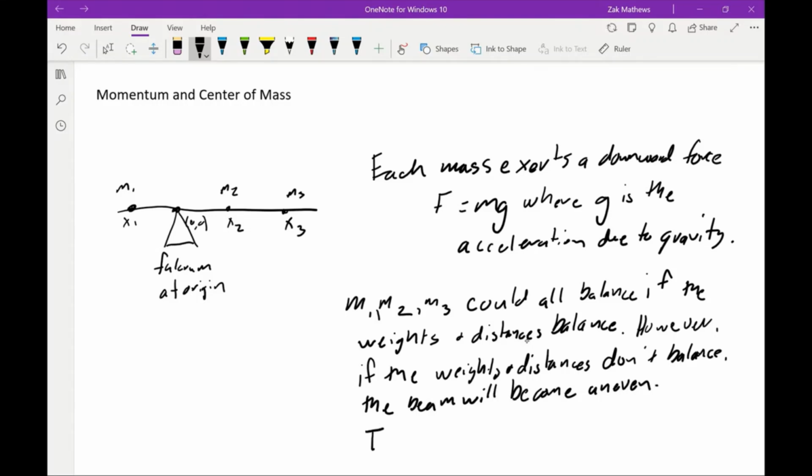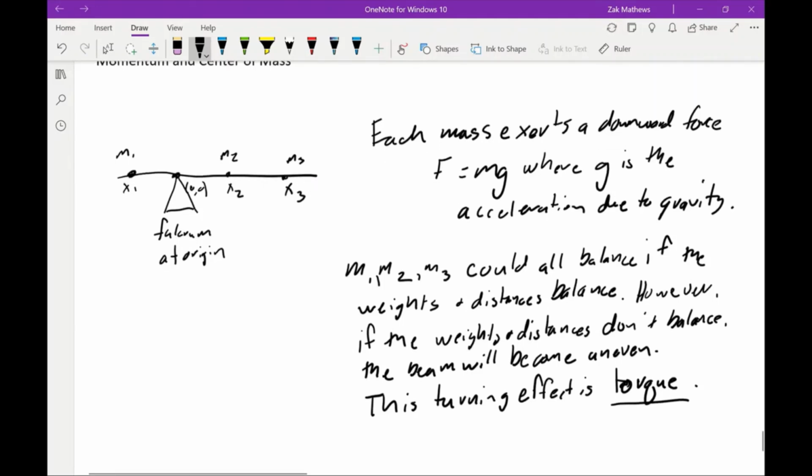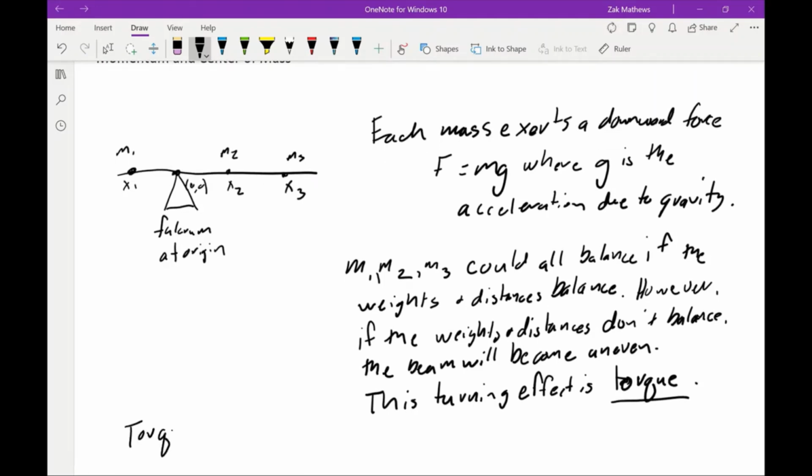This turning effect is torque, T-O-R-Q-U-E. So just to formally define this new word, torque: a twisting force that tends to cause rotation.